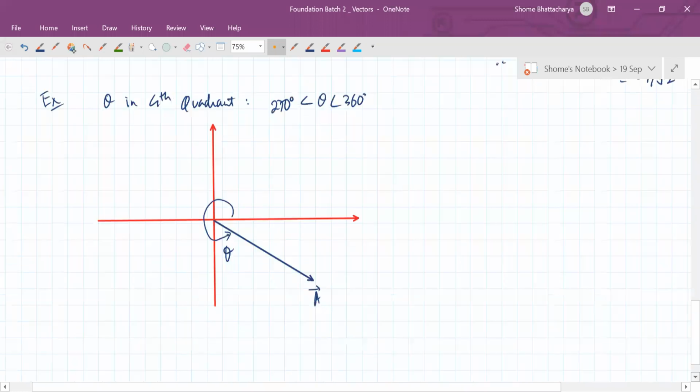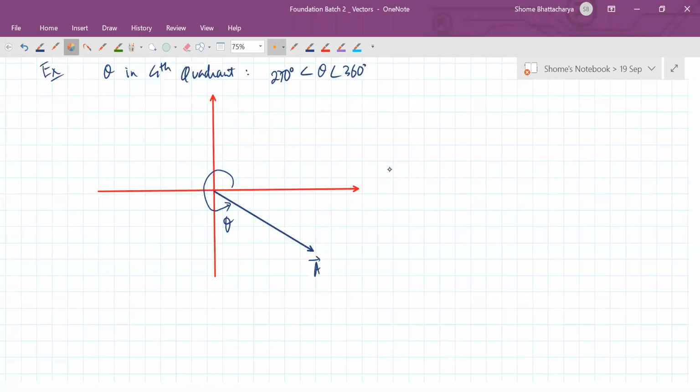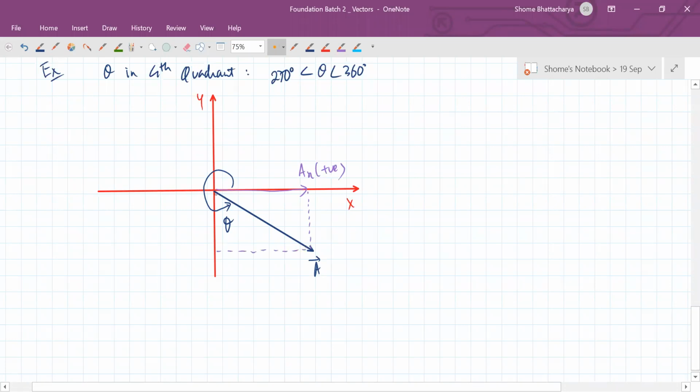So for example, we have a situation now. So you can clearly see in this case, the x component will be positive, whereas the y component will become negative. Right.